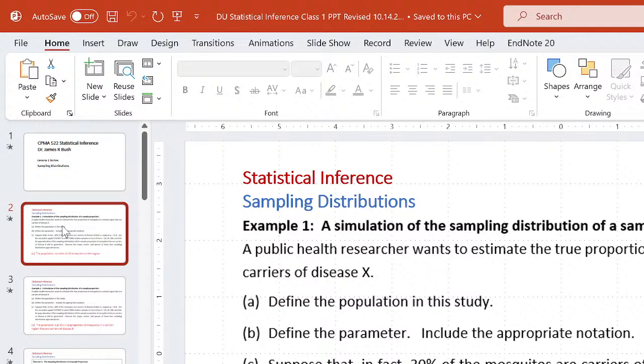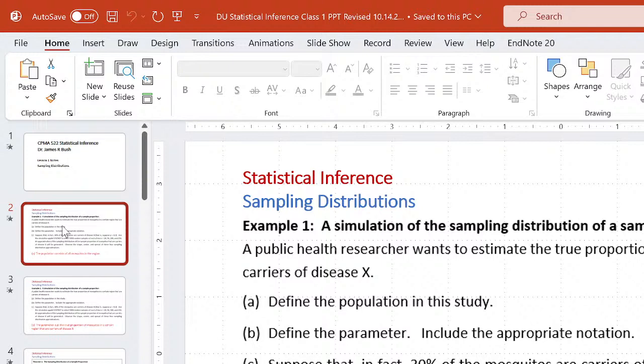So what I'd like to do is a demonstration, a simulation, right here. Now, let's assume a value for the parameter. Normally we don't know the parameter, but for the sake of this demonstration, assume that 30% of mosquitoes in the region are in fact carriers, exactly 30%.